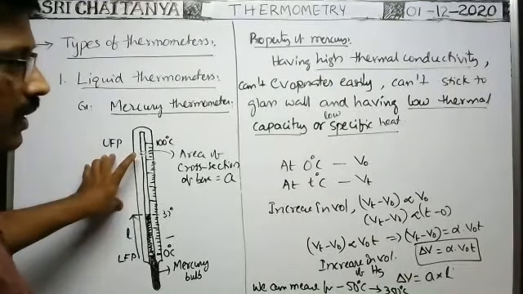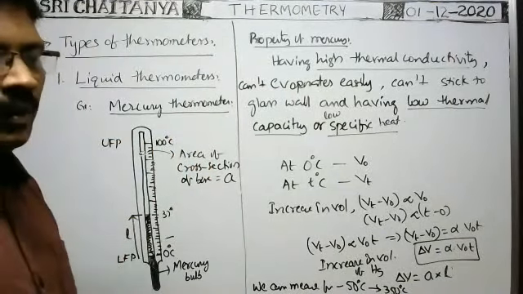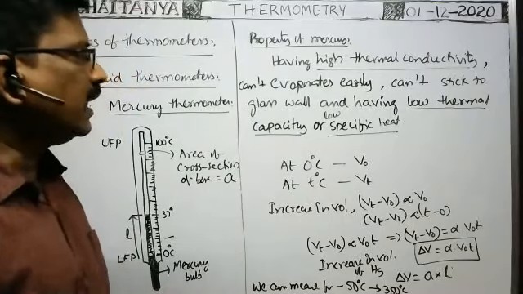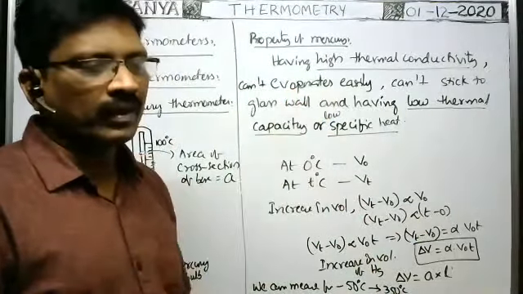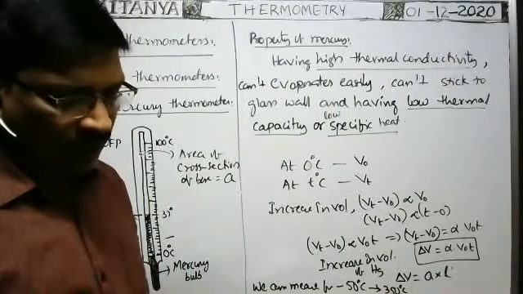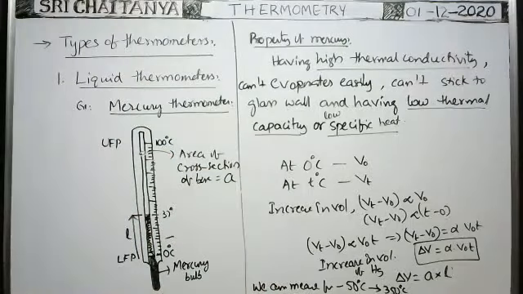Alcohol thermometers are also used because they have a higher coefficient of volume expansion. More coefficient of volume expansion means even for a small rise of temperature, the expansion of the alcohol is more. That's why alcohol thermometers are also used. Next, gas thermometers.